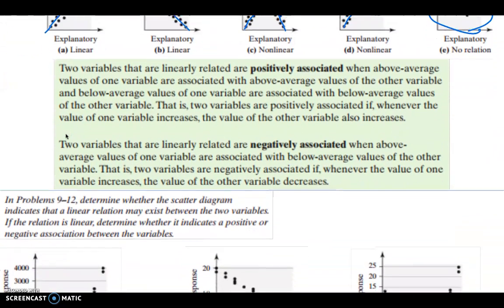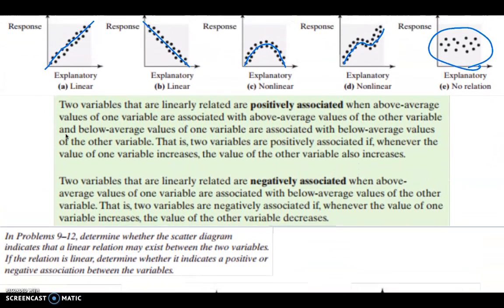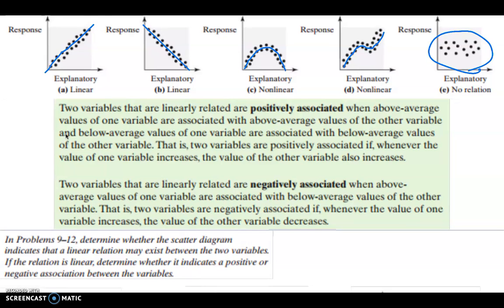Now, if two variables are linearly related, then they are positively associated when above average values of one variable are associated with above average values of another variable, or vice versa. Below average values of one variable are associated with below average values of another variable.